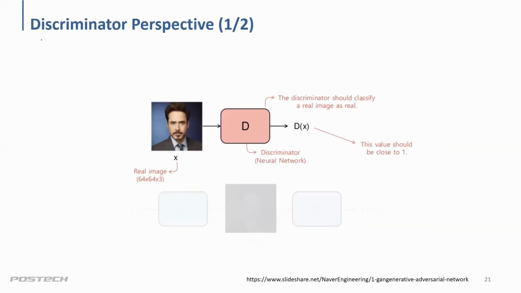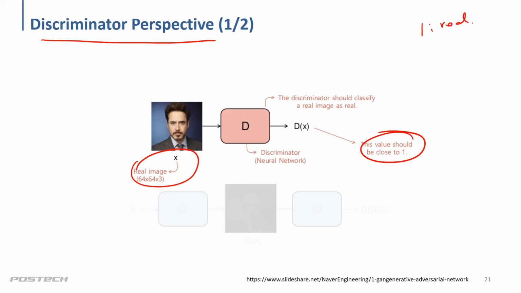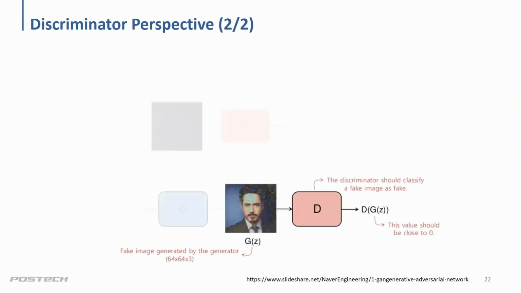So from the discriminator's perspective, if we take the real data set, the value should be close to 1 because 1 is real. If we take the inputs from the generator, it should say close to 0.